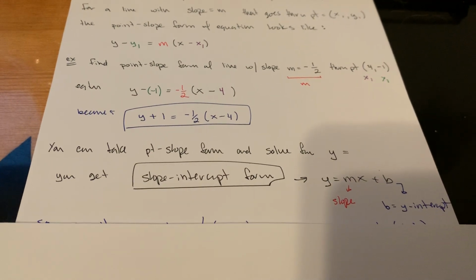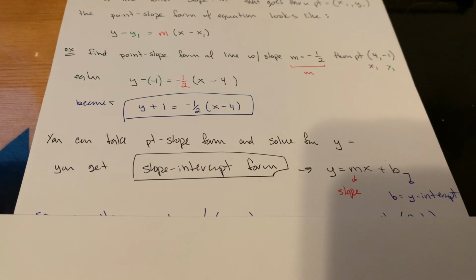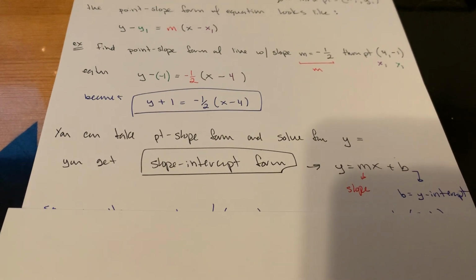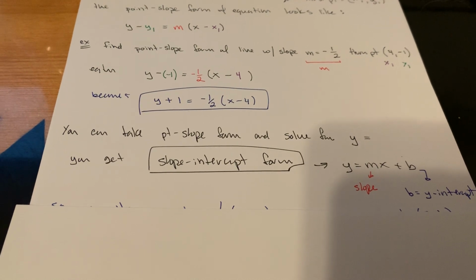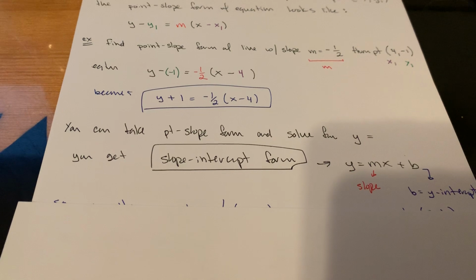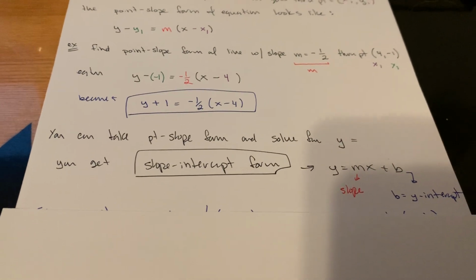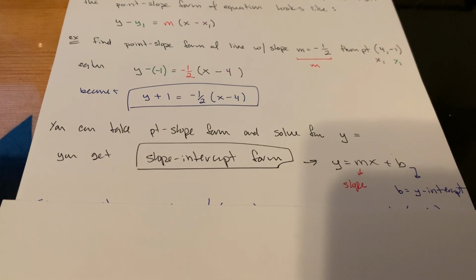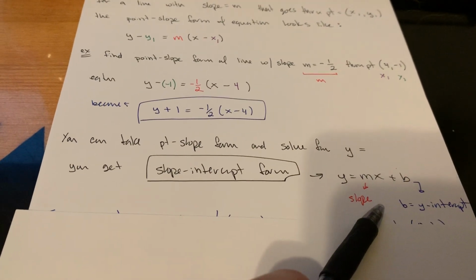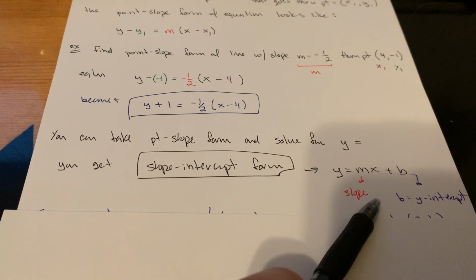So that's the other common form for a linear equation. Point slope is based on a point and the slope. Slope-intercept is based on the slope, which is still m, and then the y-intercept. The generic form is y equals mx plus b.